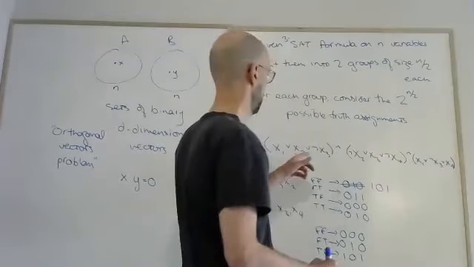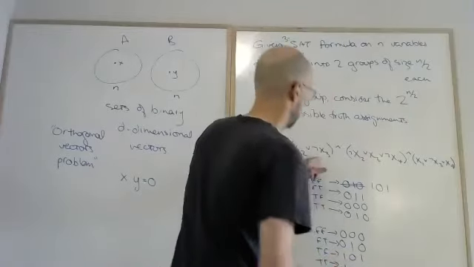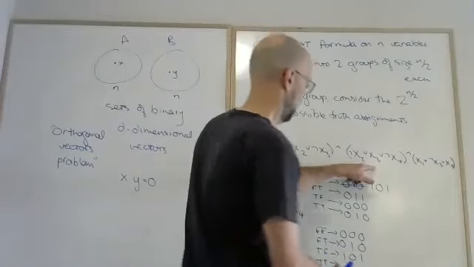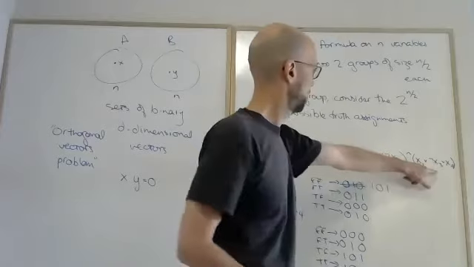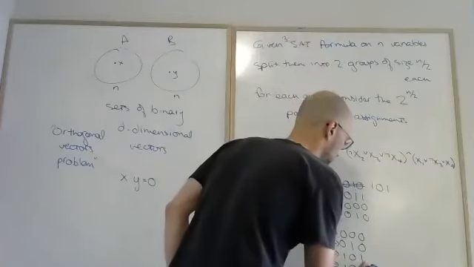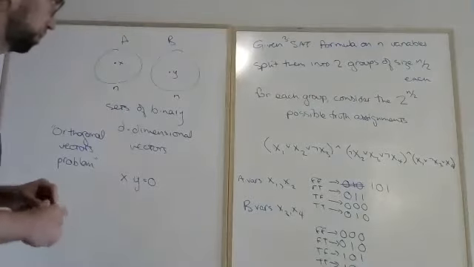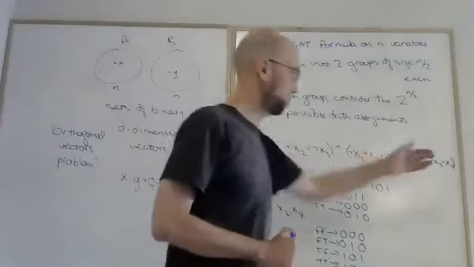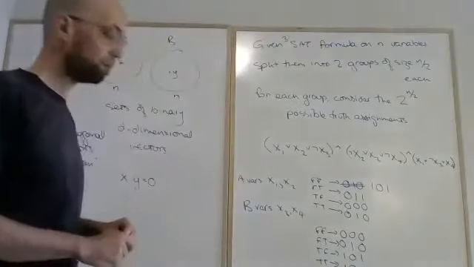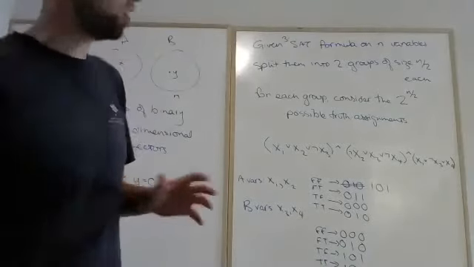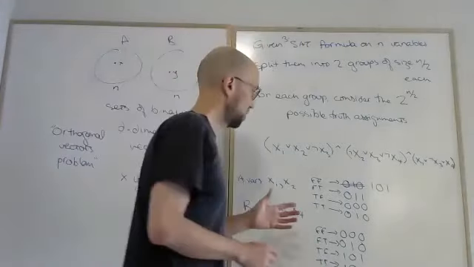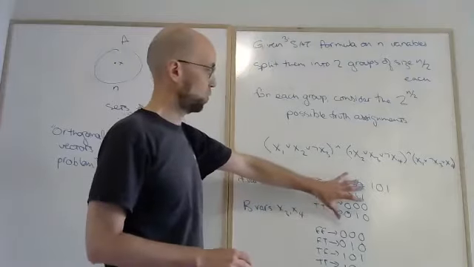And true, true, it doesn't satisfy this, it does satisfy this, and it does satisfy this. Okay, so if I'd chosen a better example, a better formula here, then what you'd see is that this is n over two things.